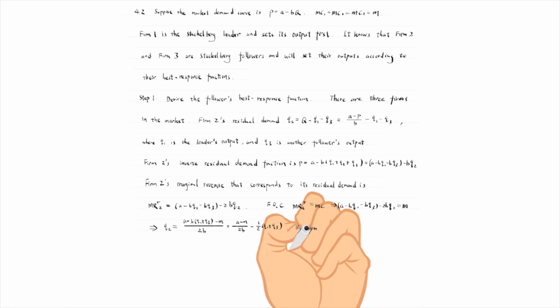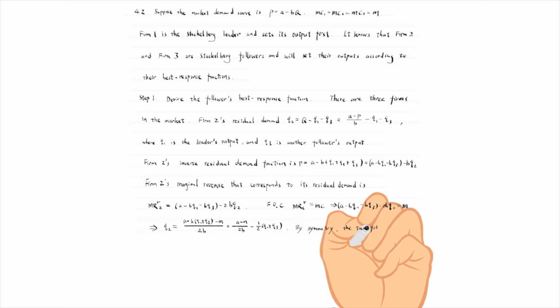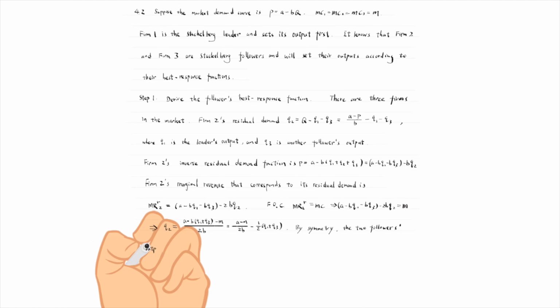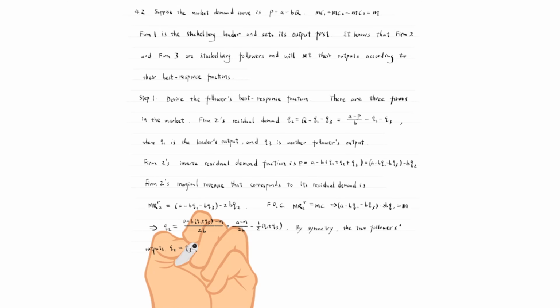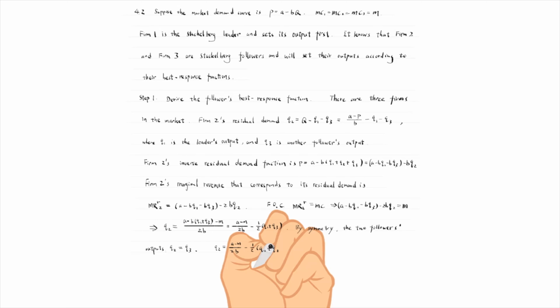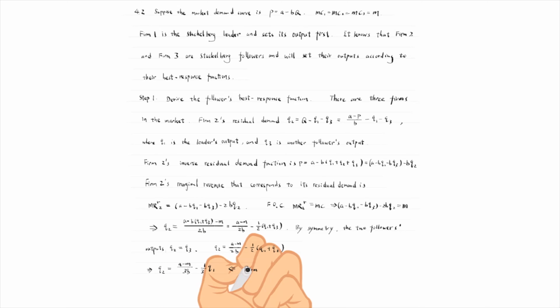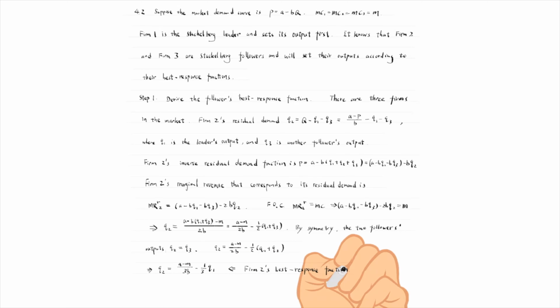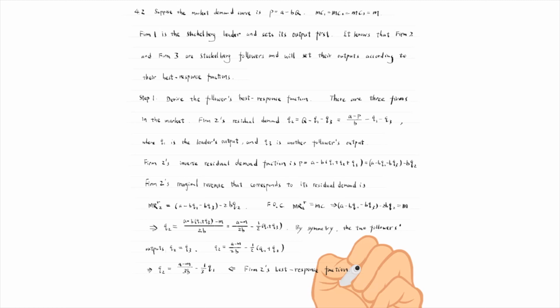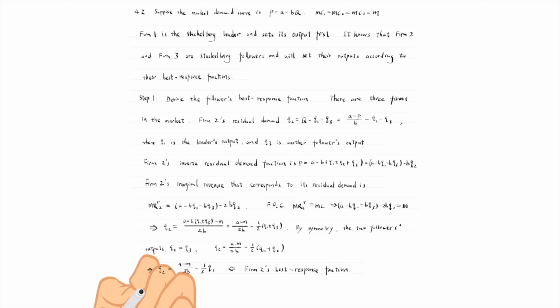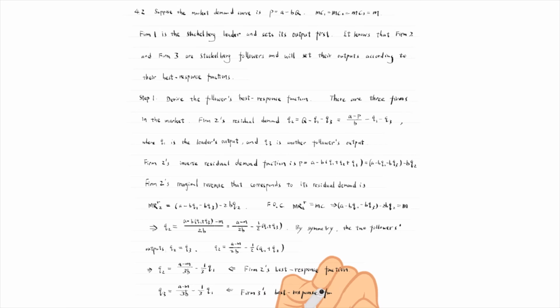By symmetry, the 2 followers' outputs should be the same. As a result, firm 2's best response function contains only the Stackelberg leader's output Q1. Firm 3's best response function is identical to firm 2's.